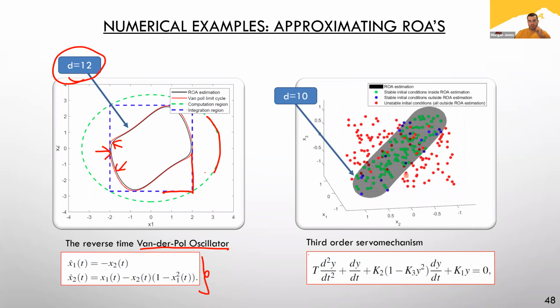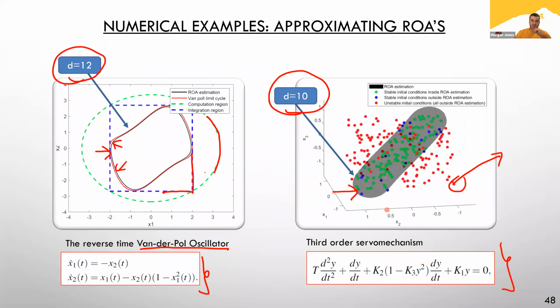Now, for a three-dimensional system given by this ODE, we also did the same thing. We run our SOS algorithm for degree 10, and this yielded a sublevel set that's given as this gray region that represents the region of attraction. And these red points and blue points and green points are initial conditions that we simulated the ODE for, and we labeled them red if they were unstable, so they diverged and didn't converge to the origin, and blue and green if they did converge to the origin.